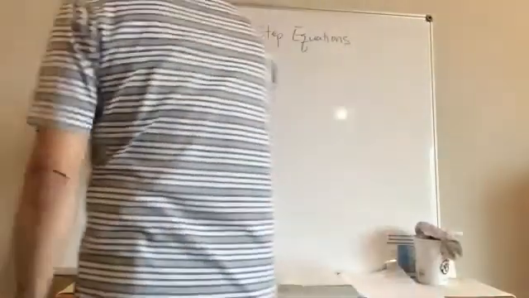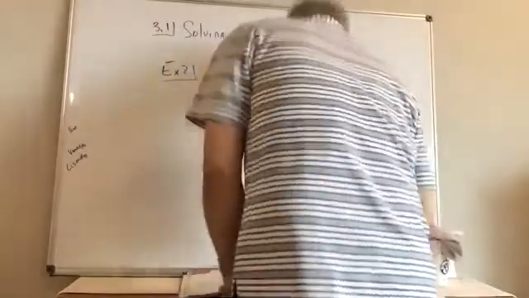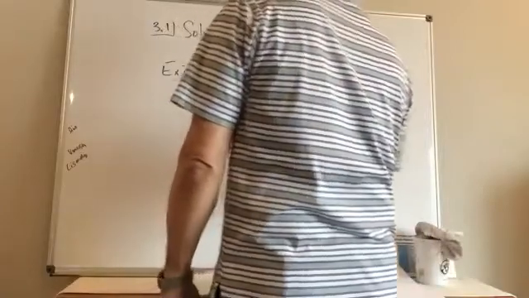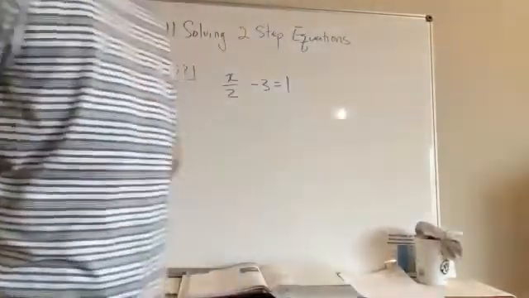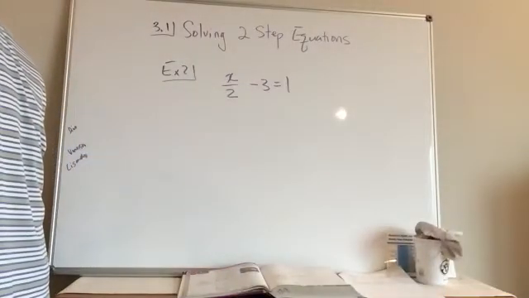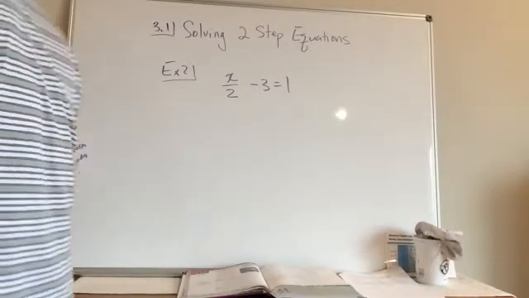Example number 2. I have x divided by 2 minus 3 is equal to 1. Okay. All right. So again, we're going to do the same thing that we did before. So what is the first step that we're going to have to do?